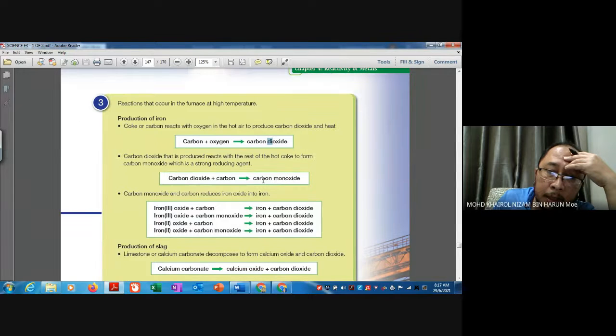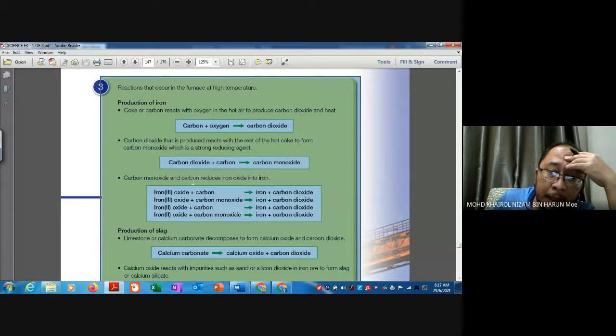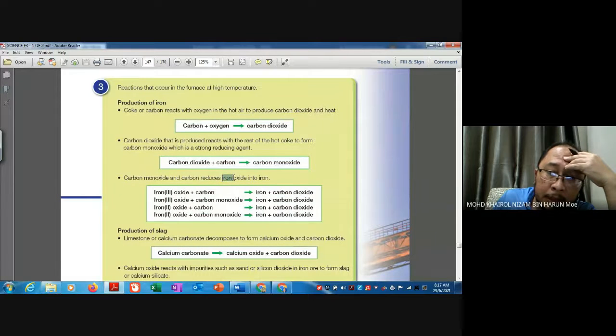Carbon monoxide, the symbol is CO. Carbon monoxide and carbon will reduce iron oxide to form iron. So we are using carbon monoxide and carbon to extract iron from the iron oxide.